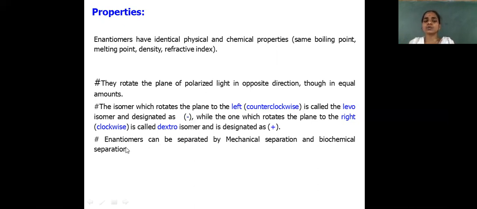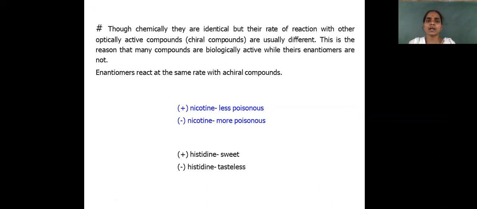And here the two enantiomers can be separated by some processes. Easily we can separate the two enantiomers by mechanical separation and biochemical separation. The best example you will see here. As we know, an enantiomer has a chiral carbon; it may consist of one or two chiral carbons, and the two enantiomers differ in rate of reaction.